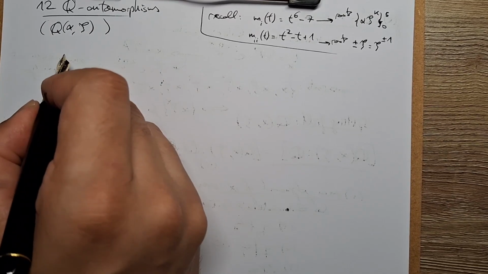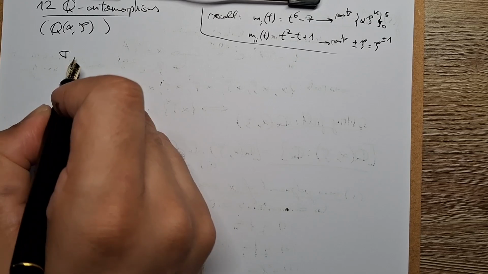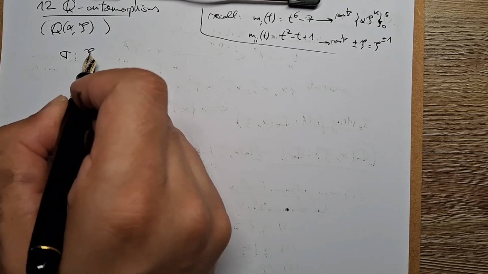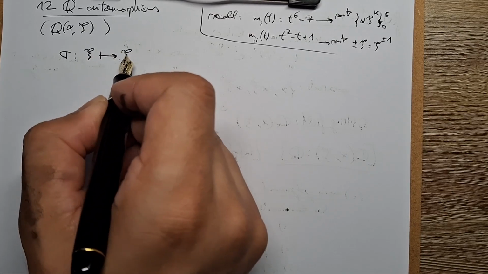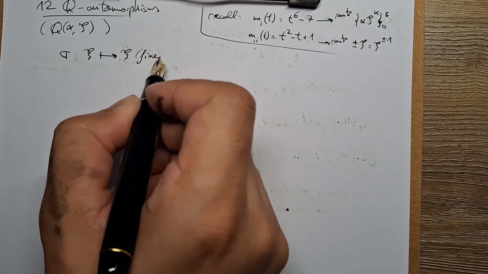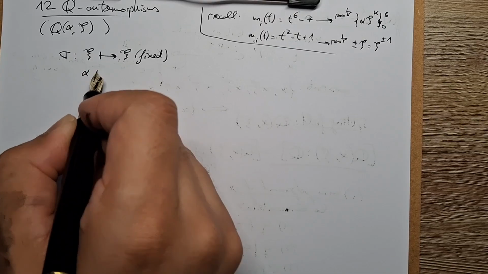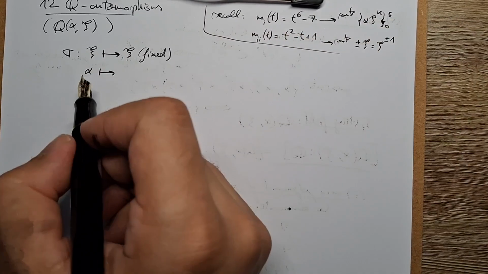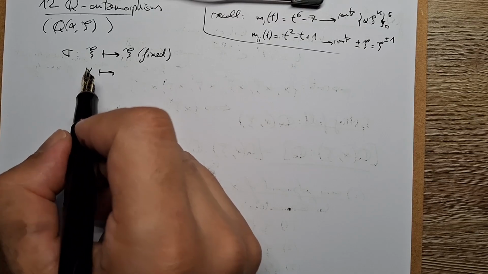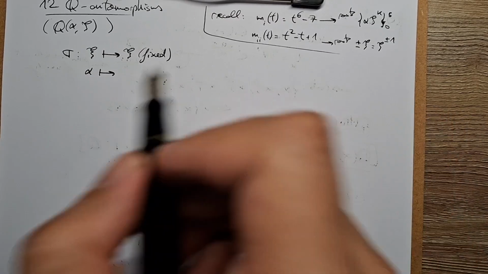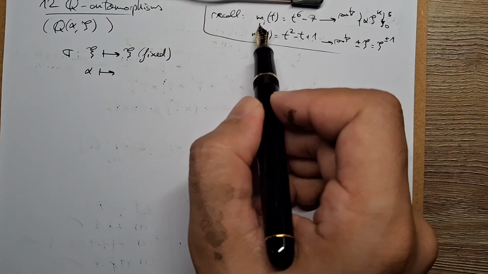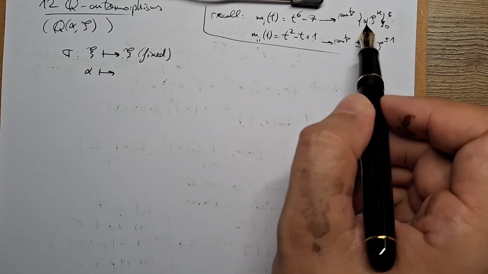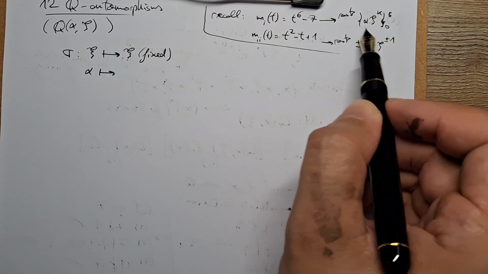So let's start by defining sigma, which fixes theta. This is fixed, and takes action on alpha. Now, what we need to find is that, okay, we have alpha. The minimal polynomial of alpha that we found is this m sub 1, which is t to the 6 minus 7, which has all those 6 roots.